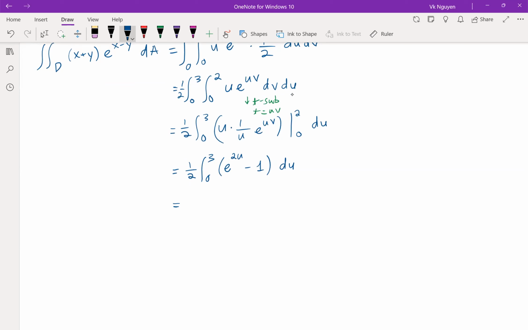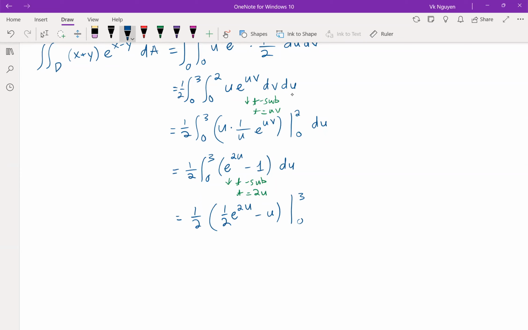And then I'm going to do another u-sub here, but this u, so it's going to be the t-sub. Half e to the 2u minus u. I don't need another parameter.